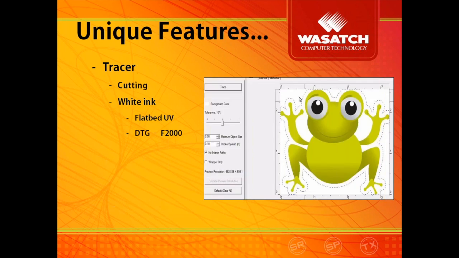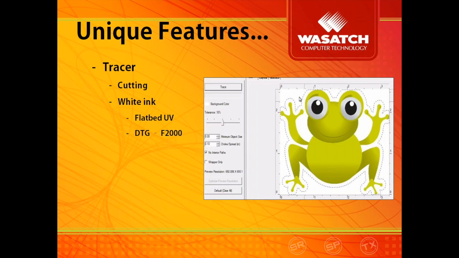So let's take a look at some unique things that Wasatch has. First one we'll talk about is our tracer. The tracer was originally released as a feature to help with print and cut. Say this frog here was a file that somebody pulled off the internet as just a low-res JPEG.